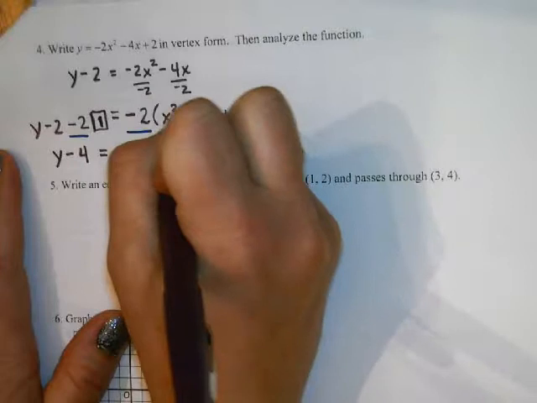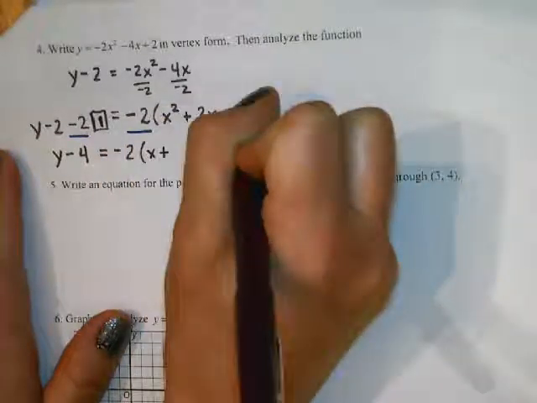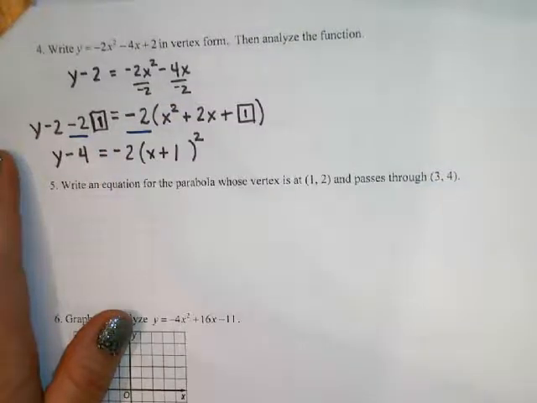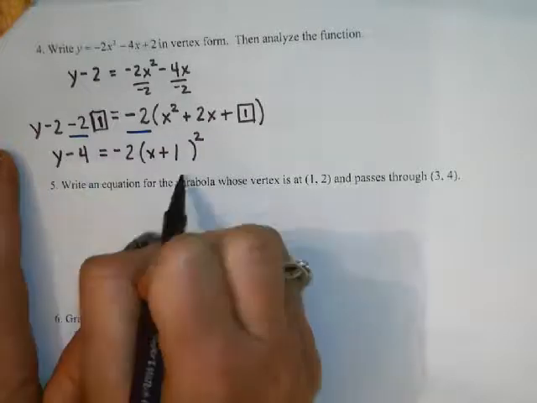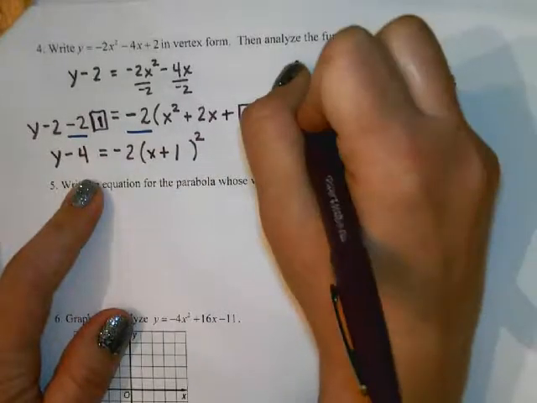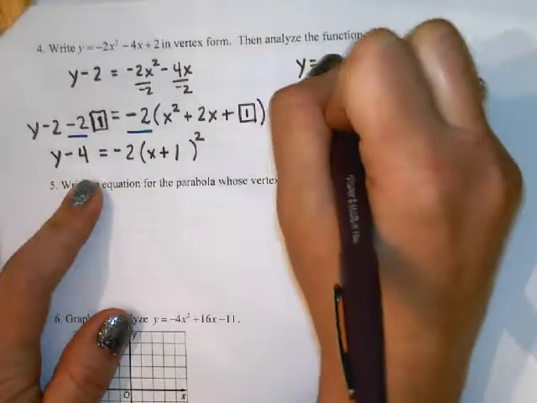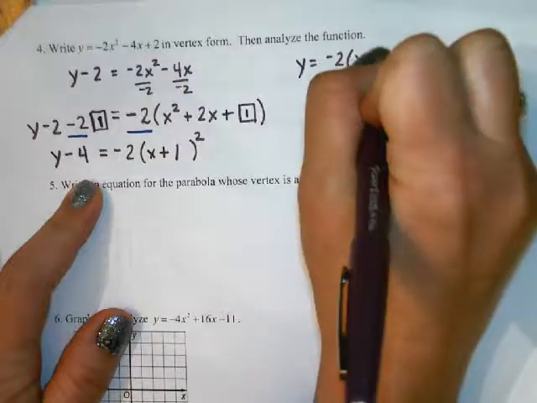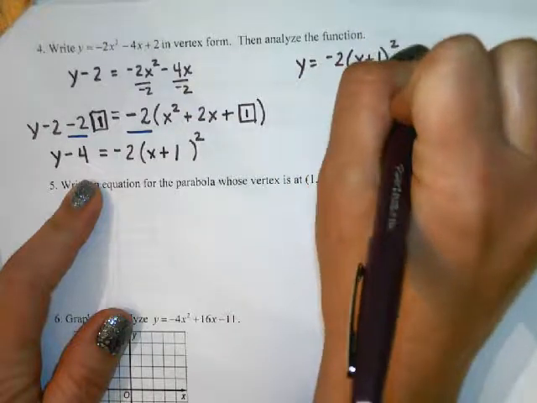Into x, keep the first sign, square root the box. So x plus 1. And then final step, move your constant back over. So y equals negative 2 times x plus 1 squared plus 4.